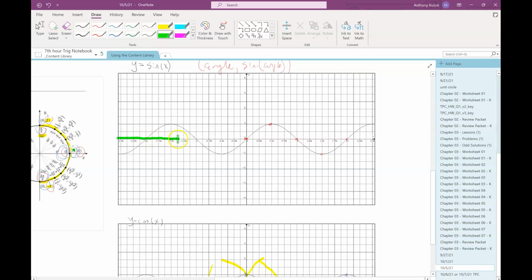So for the case of sine, that midline is here at the x-axis, or y equals 0. We see that if we think about the area between the midline and the curve, there's as much area above the midline as there is below the midline. That's what we mean by splitting it into equal pieces. Is that okay with everybody?